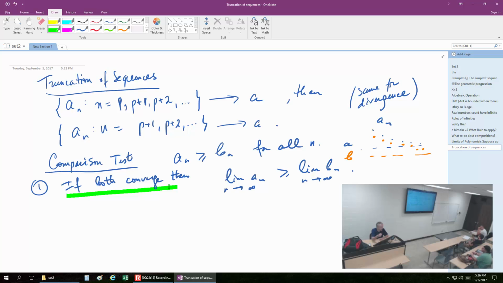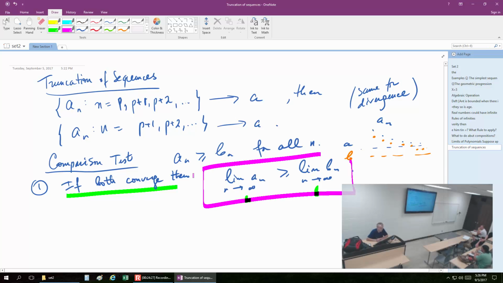Convergence means limits exist, so we can speak of A and B, but if they diverge, then we're not saying anything. So you have to verify the condition first, before you apply the punchline. This is the punchline. Once again, the condition is on the left. You verify the condition, there are two of them, and then you can conclude something about their limits. But if there are no limits, there is nothing to compare.